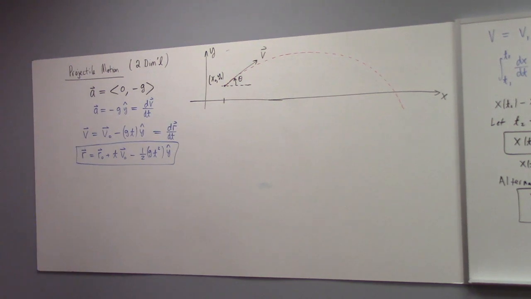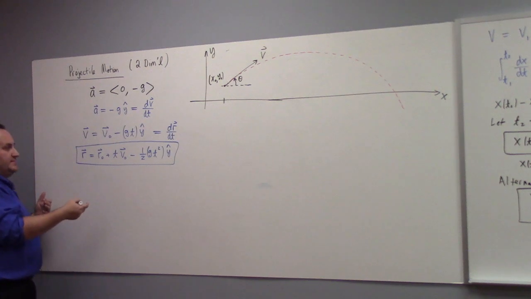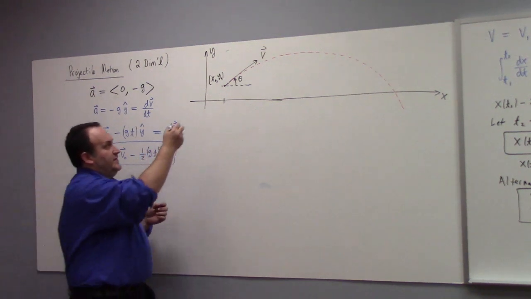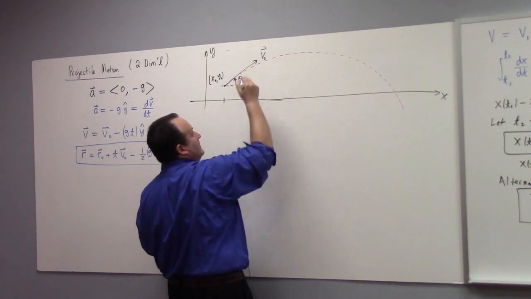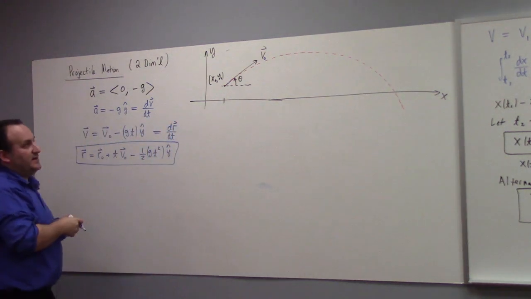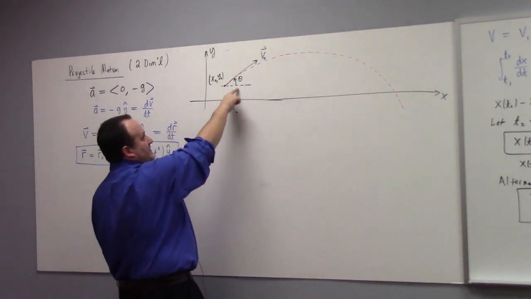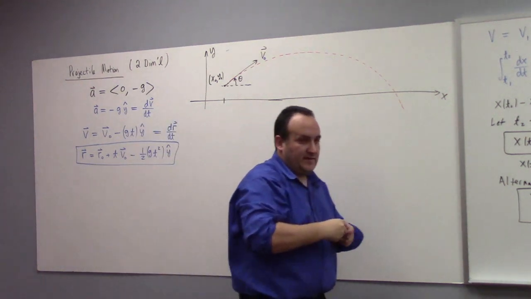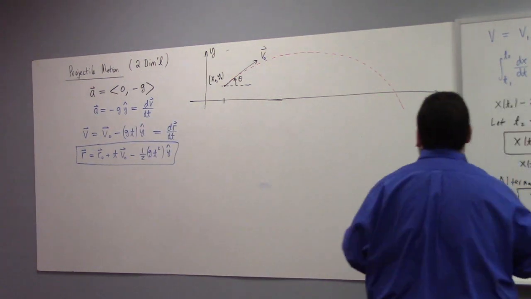All right, but let's not just do that. Let's talk about how to break this up into components. So this is my v sub 0 up here, right? And if you look at that, we can break that into two pieces, yeah? There's the x component and the y component.